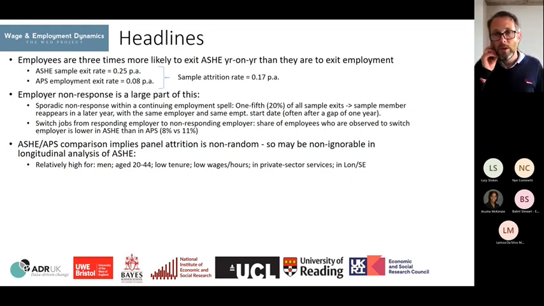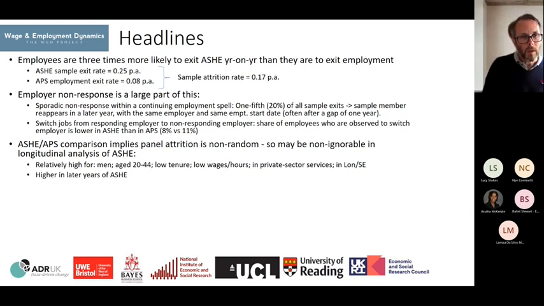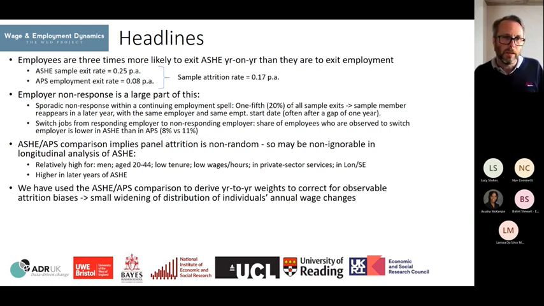So maybe just to notice here, Lucy showed that in cross-section, there seems to be an underrepresentation of people on relatively low wages in private sector services. You get the same kind of underrepresentation here in the panel as well. And this panel attrition is also increasing in the later years of ASHE.